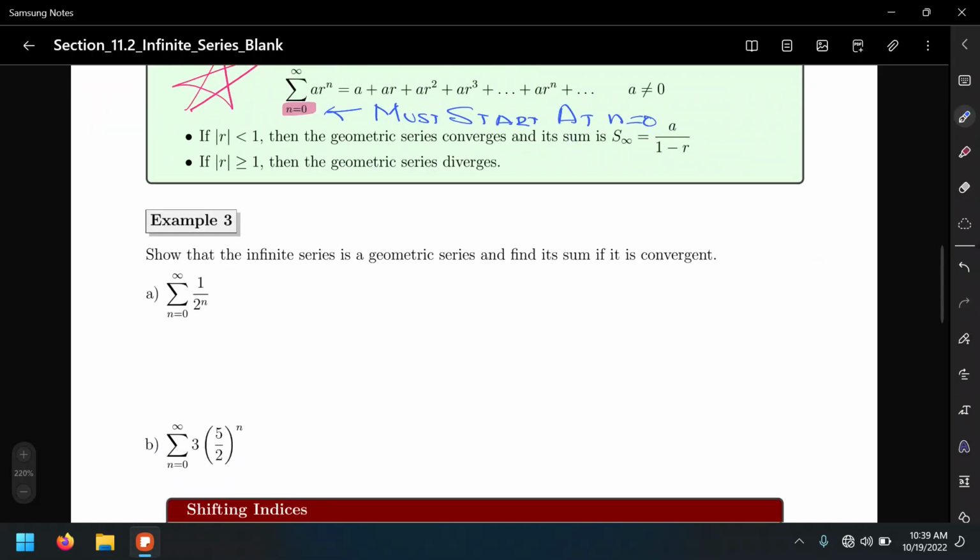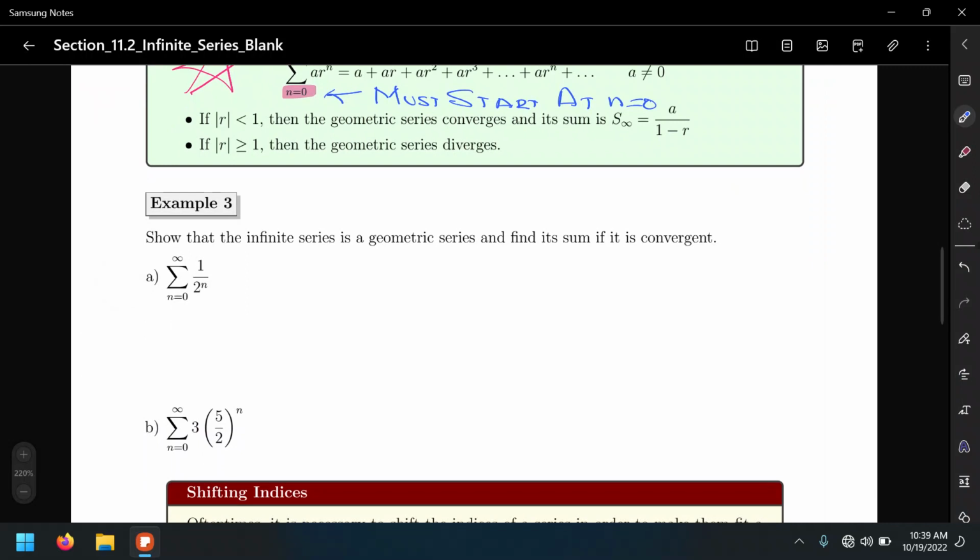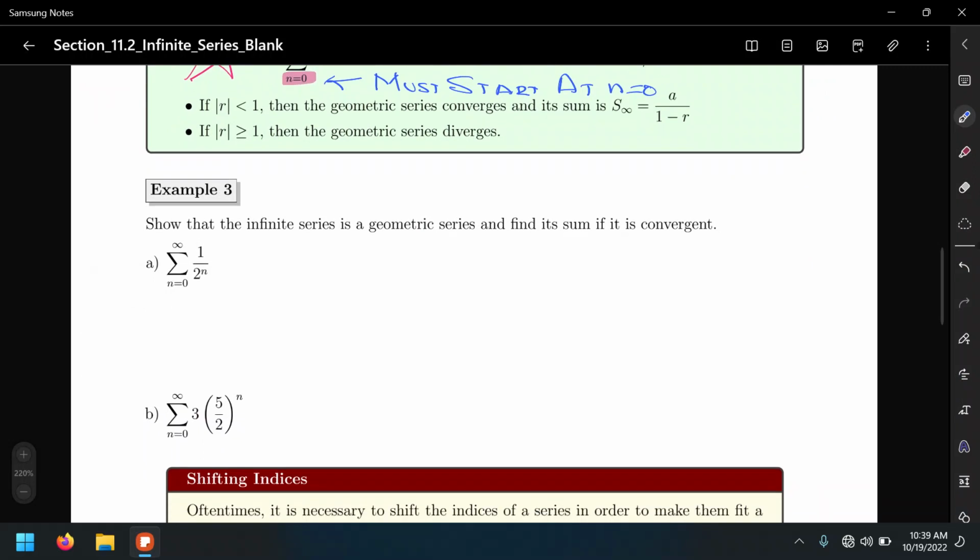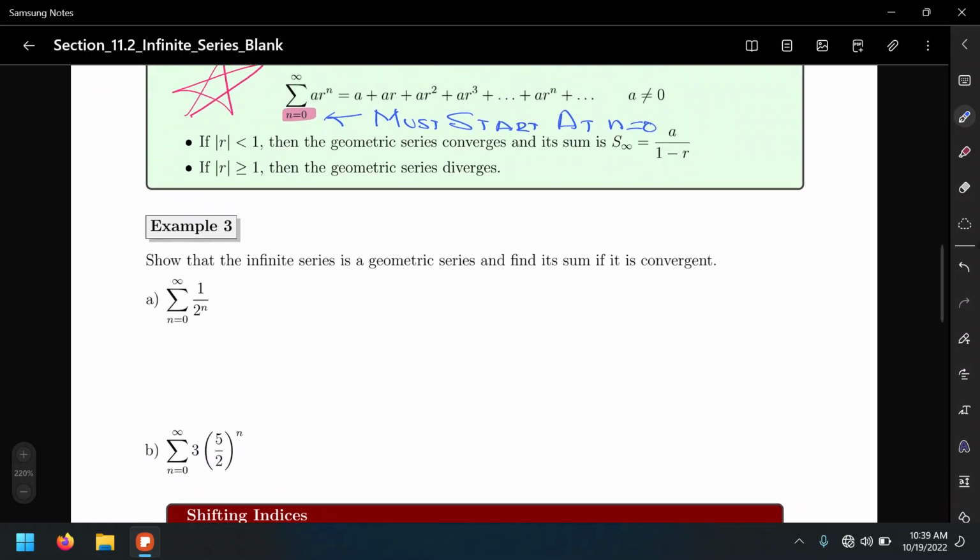So number one, we have the sum from n equals 0 to infinity of 1 over 2 to the n. We need to write the series in the form a r to the n. Unfortunately, it's not yet in that form, but we're going to do a really basic manipulation. This 1 over 2 to the n is the same as saying (1 over 2) to the n power, because 1 to the n is simply 1.